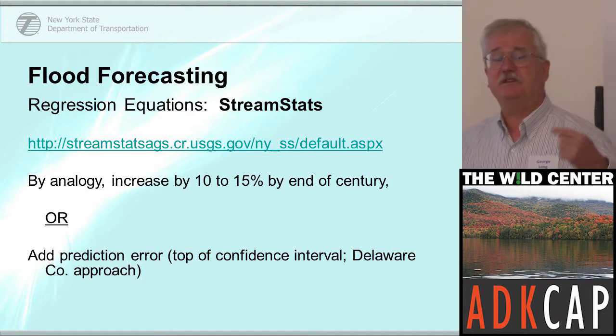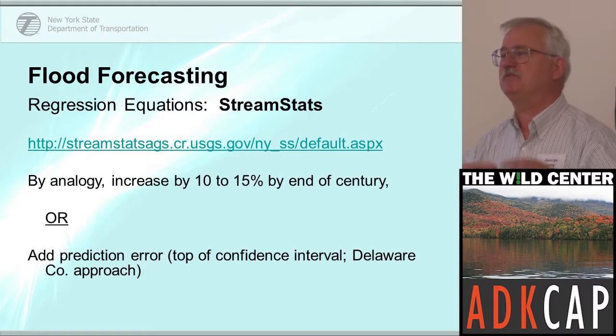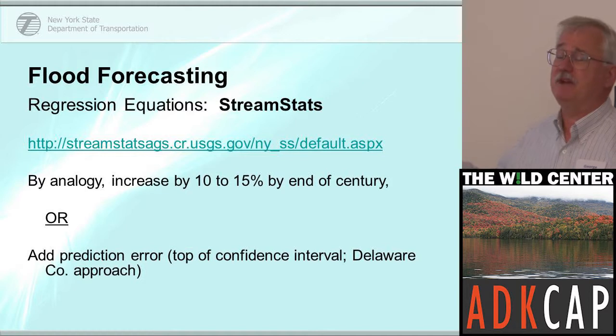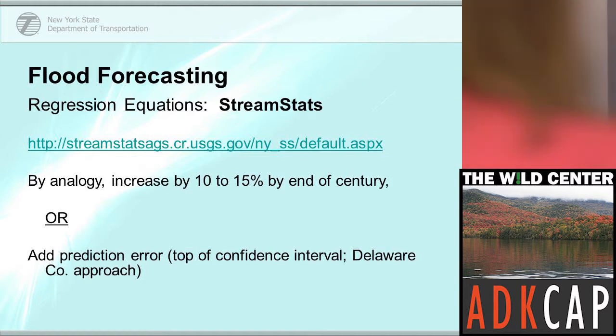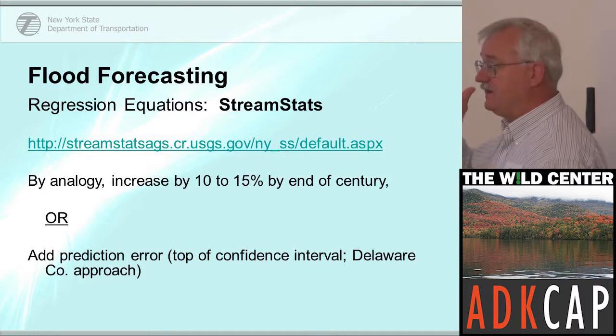That's a much more difficult method to theoretically adapt for future changes. But by analogy to the small watershed methods, you can simply say, I'm going to bump that up by 10 to 15%.